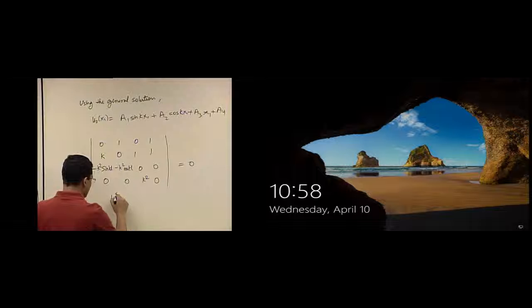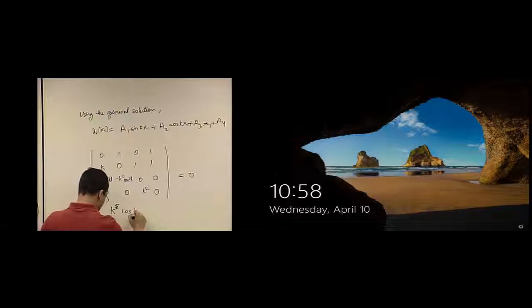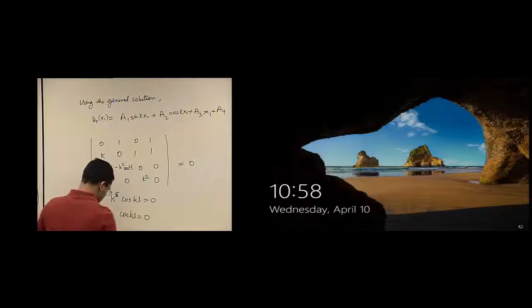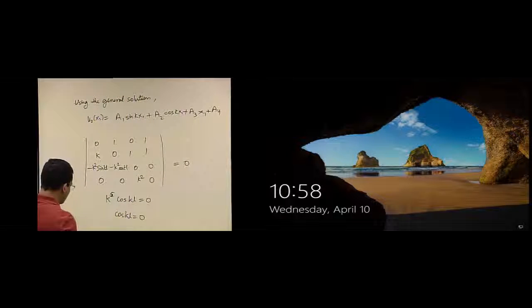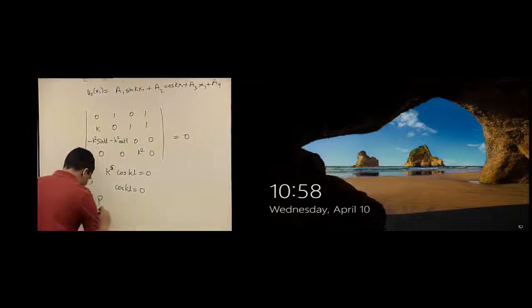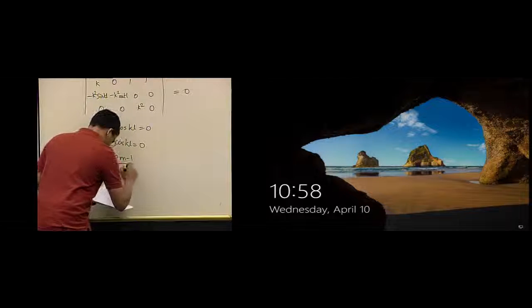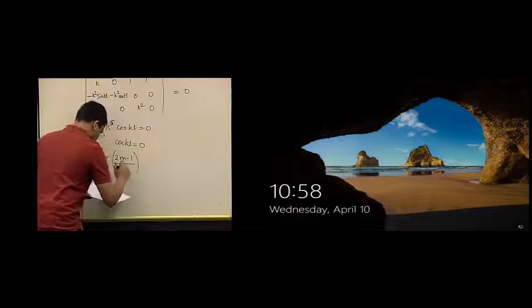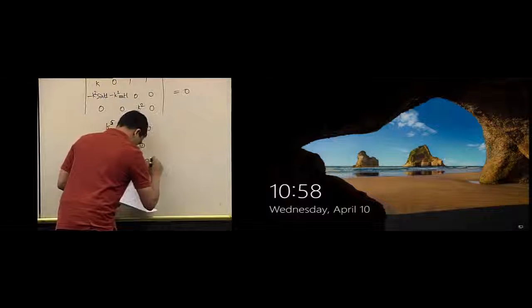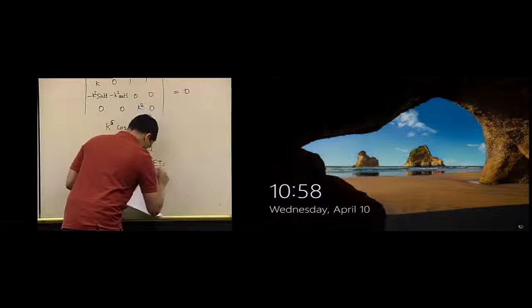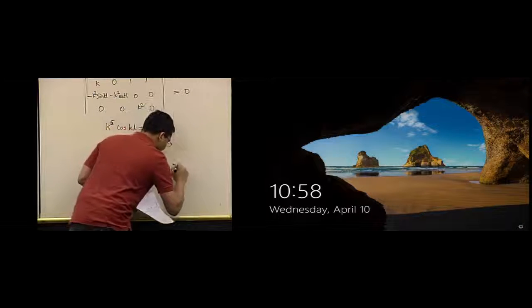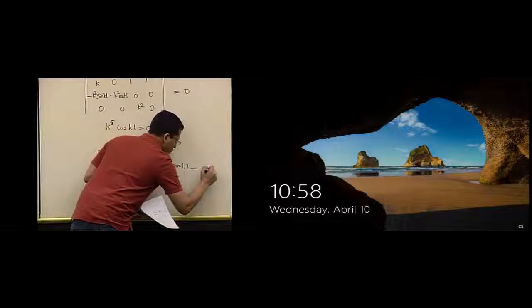So the solution here is k raised to power 5 cosine KL equal to 0, then cosine KL is equal to 0. So when you find the P value here, it will be (2m minus 1) over 2, whole squared, times pi square EI over L square, where m goes from 1 up to infinity.